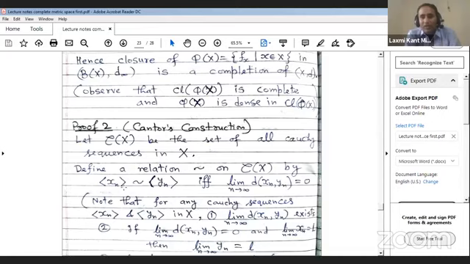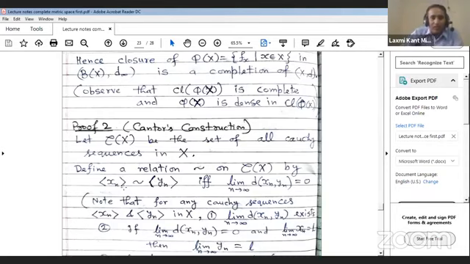That means if we have two sequences xn and yn, and the limit of d(xn, yn) is zero, then we say these two sequences are related.